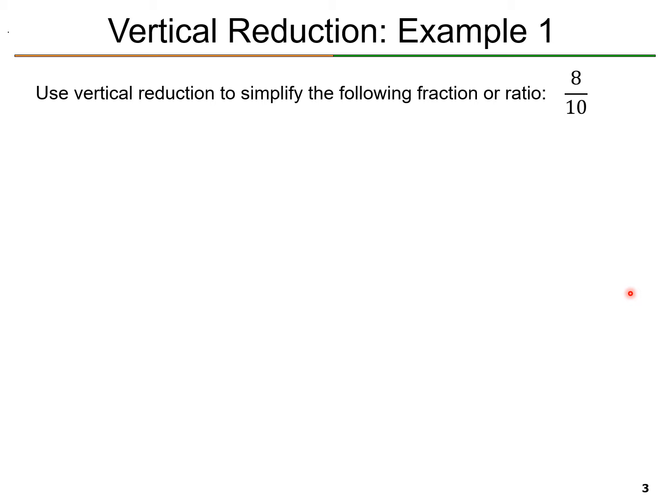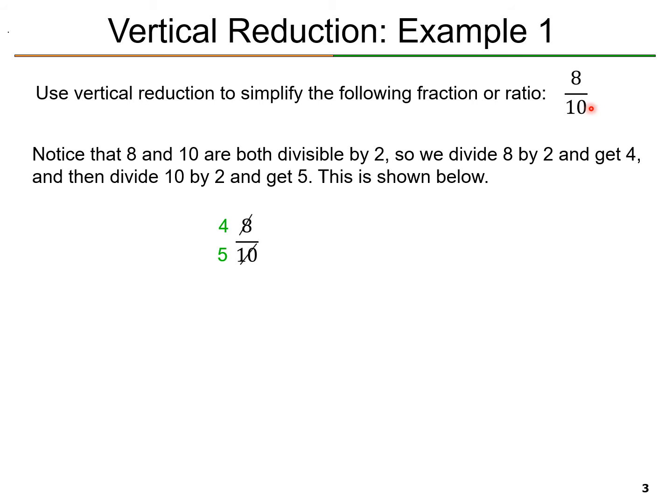Let's look at a vertical reduction example. Let's use vertical reduction to simplify the following fraction or ratio, 8 divided by 10. Notice that 8 and 10 are both divisible by 2.